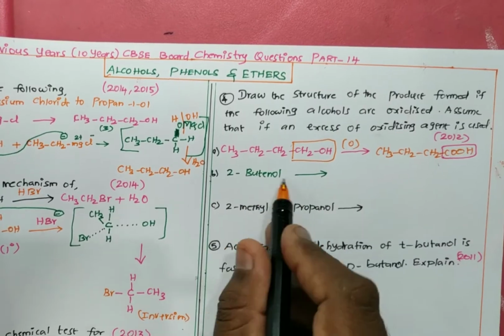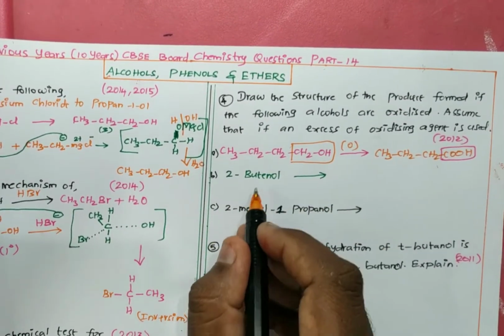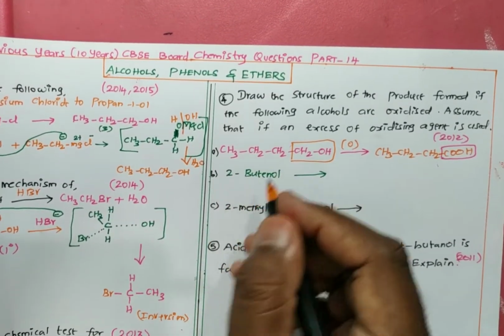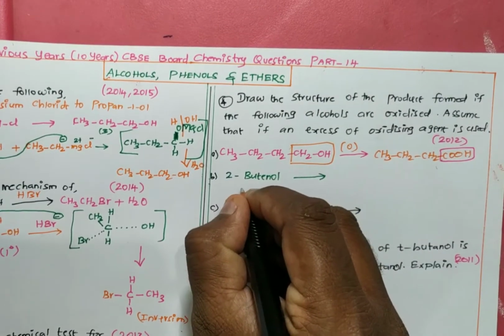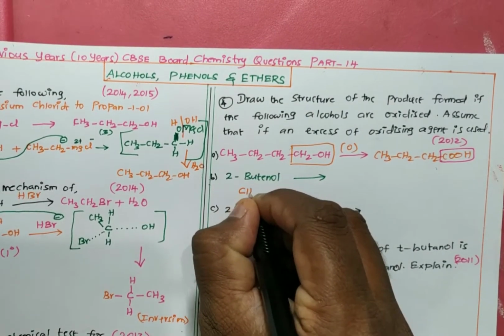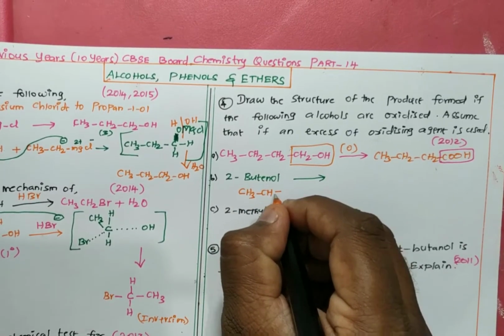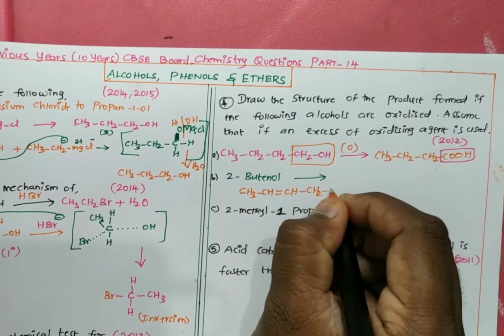So here 2-butenol will be given. What is butenol? Otherwise butenol or 2-butenol. How many carbon atoms are there in butenol? 4. That is CH3, CH, in the second position I have a double bond, CH, CH2OH.